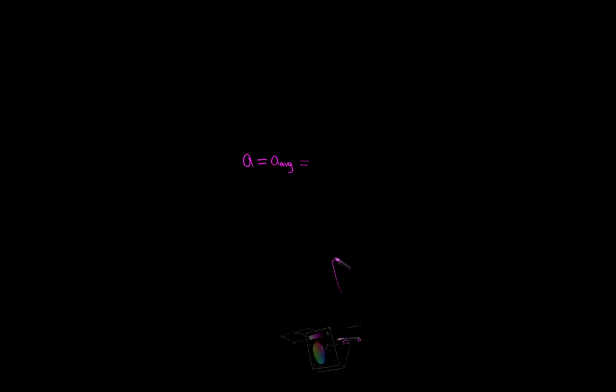And that is equal to, if we're talking about a in the x direction, then ax is equal to the velocity in the x direction at point 2 minus the velocity in the x direction at point 1 divided by t2 minus t1. Yeah?